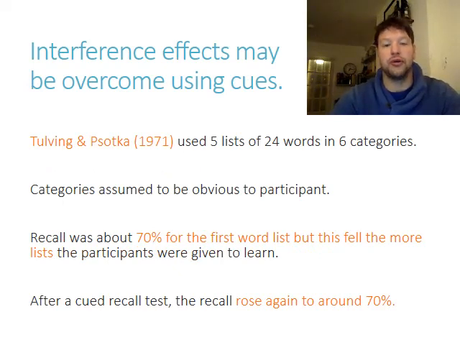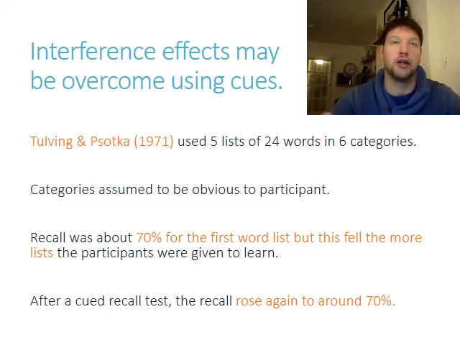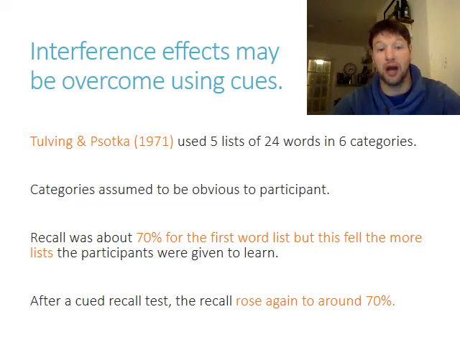The idea of cues, and what a cue is, like it starts with an L, or it rhymes with this. Lots of cues are used by teachers all the time and friends maybe to try and make you remember things. In this case, interference effects may be overcome using cues. So Tulving and Psotka, 1971, used 5 lists of 24 words in 6 categories.